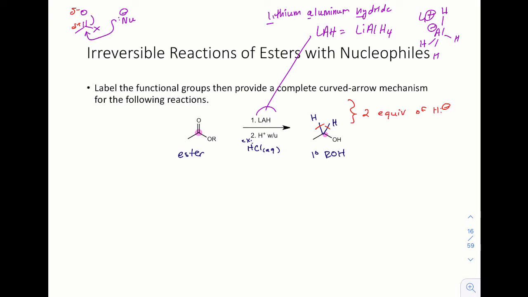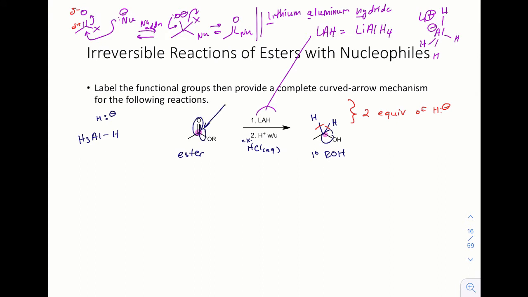Understanding that polar pi bonds undergo addition-elimination reactions with nucleophilic species such as hydride and others, such as diagrammed at the top of the page, we may propose a similar mechanism for the reduction of esters with lithium aluminum hydride, and this clearly is a reduction. The carbonyl carbon has 3 bonds to oxygen in the ester and 1 bond to oxygen in the primary alcohol.